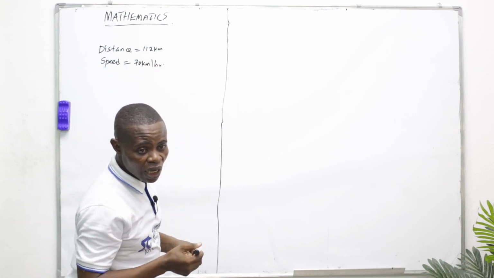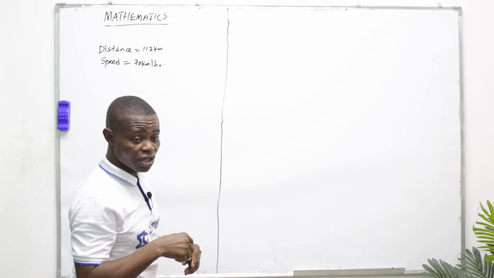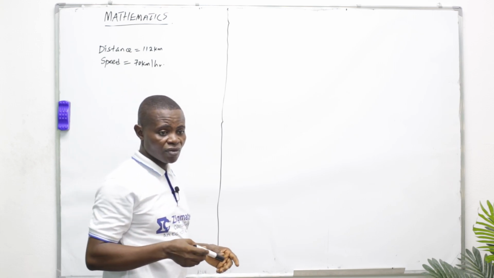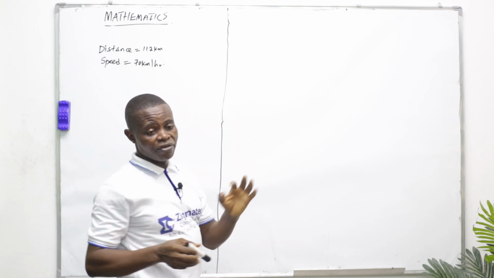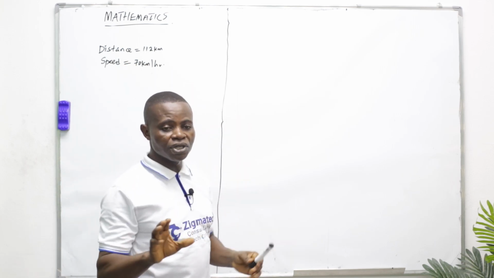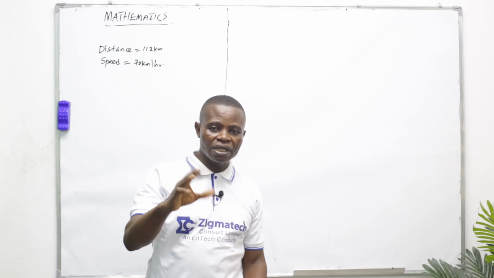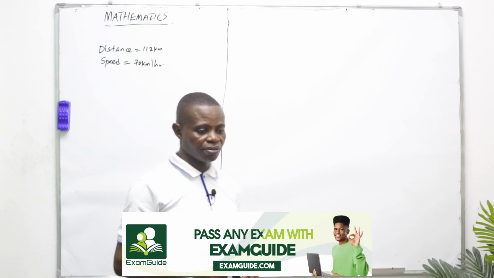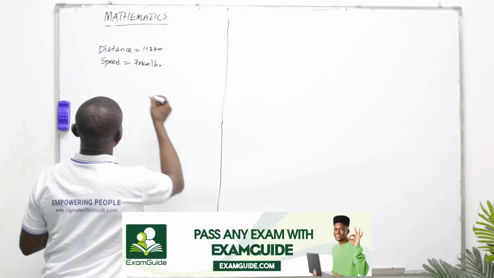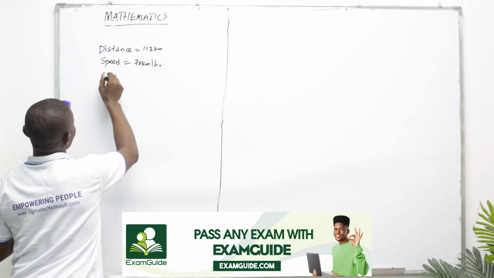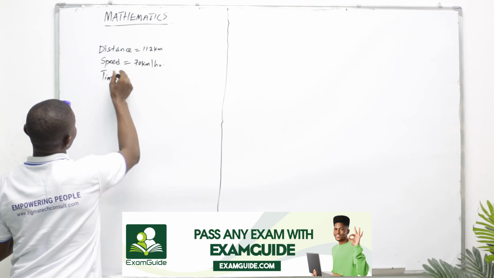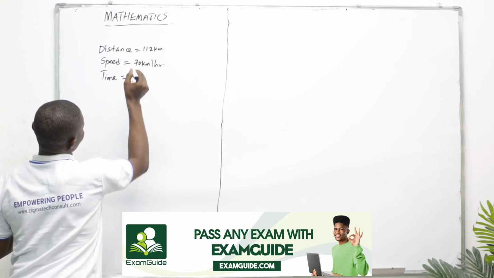Then time taken is hidden, it's not given. You can recall that in physics, average speed is what? Distance all over time. So you have to recall that time is not available.